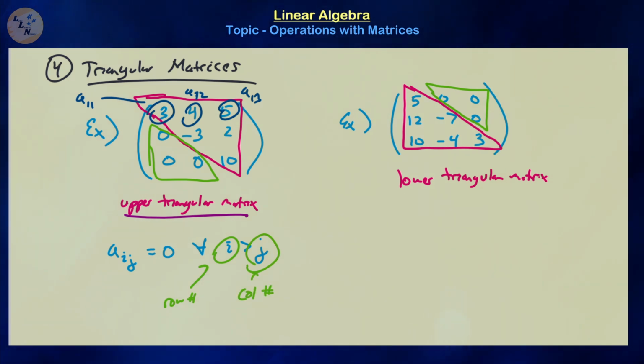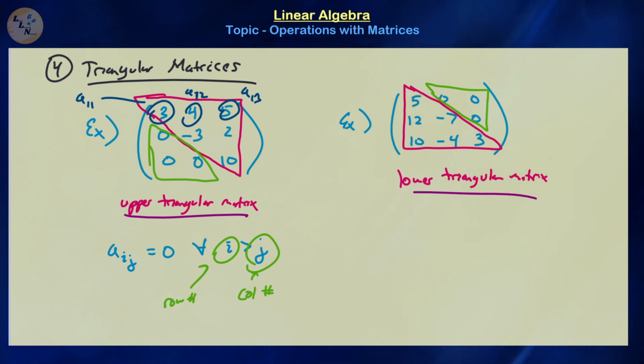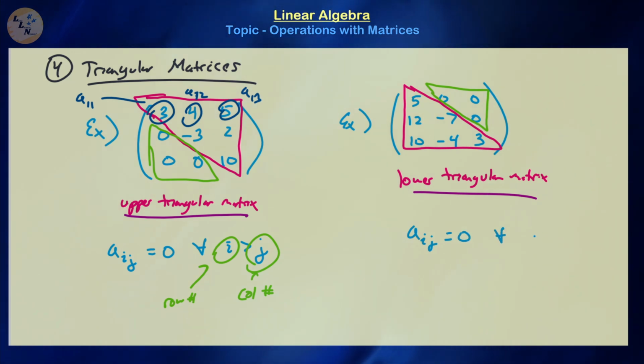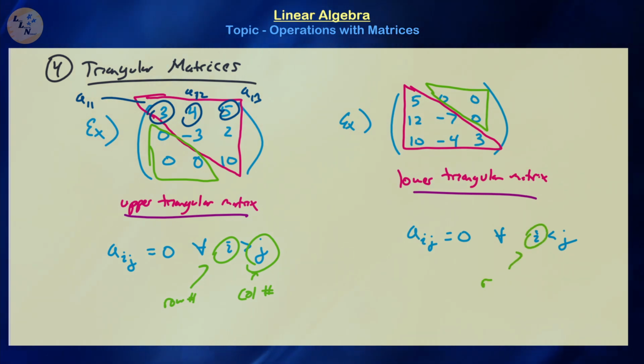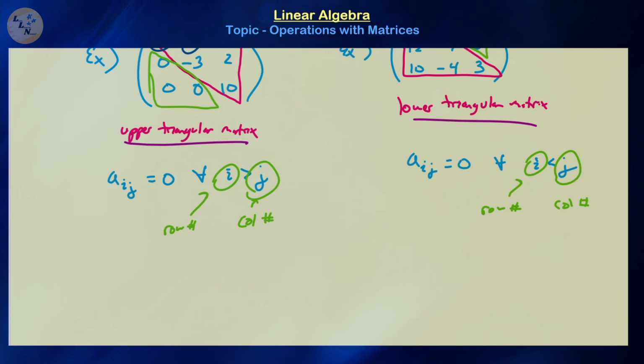You might want to spend some time with that definition just to make sure you understand what that says. And in case you aren't familiar, the upside down A means for all. Similarly, a lower triangular matrix is formally defined as a matrix that satisfies Aij is equal to 0 for all i less than j. And again, i corresponds to the row number and j corresponds to the column number. So those are what we call triangular matrices.